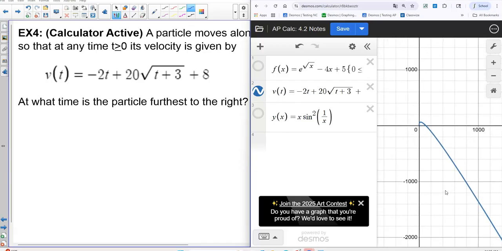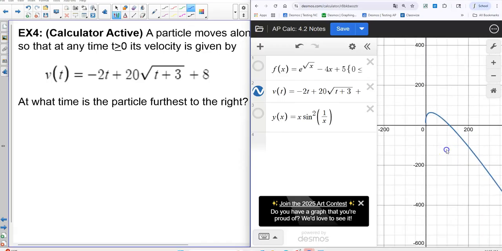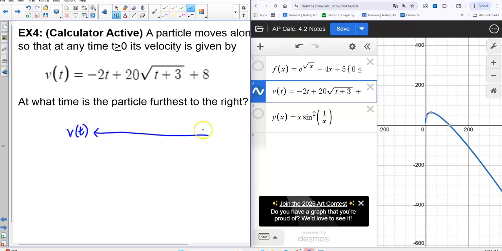Don't think so, right? That's our only critical point of our velocity, right? So we're starting at 0 and going to 110.568, which is 569 if we round it.